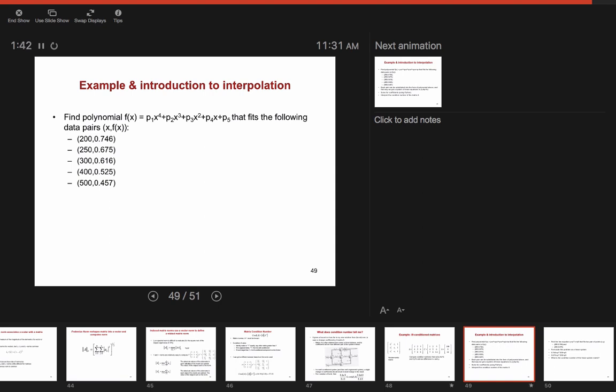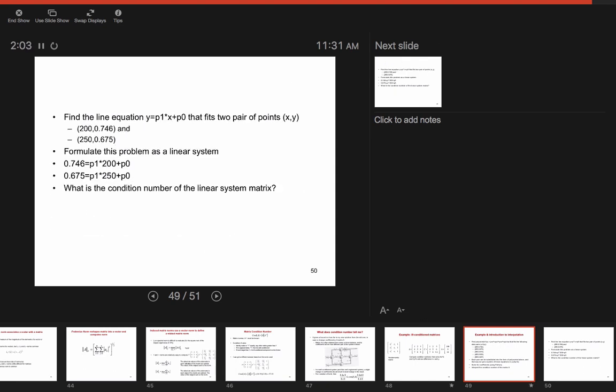And it's a linear equation in P1, P2, P3, P4, and so forth. And that's how I set up all the others, and that gives me a linear system. So finding polynomials like this using linear systems is actually a bad idea because those systems are not well behaved. And we will move on to doing it differently in our curve fitting.